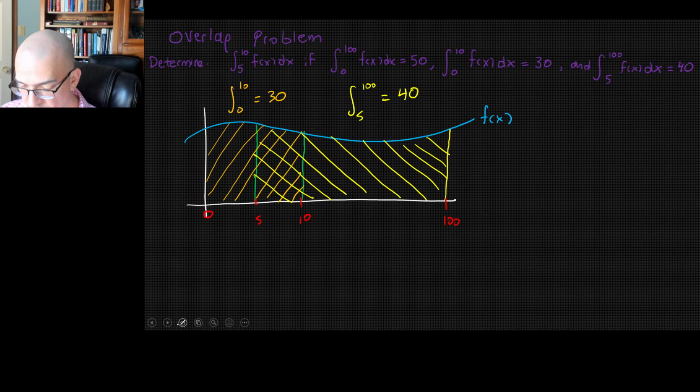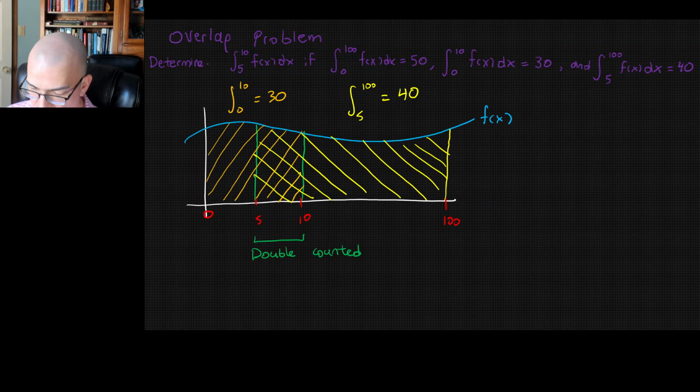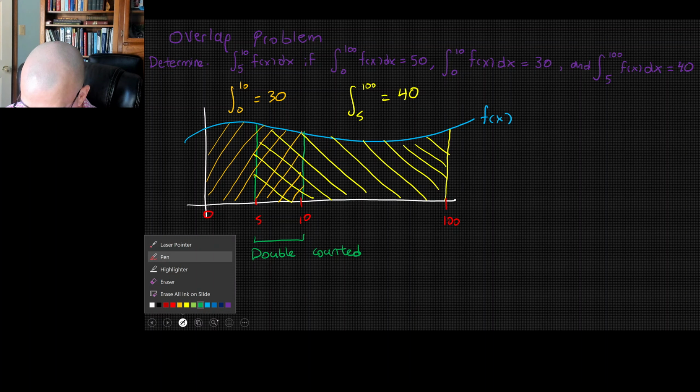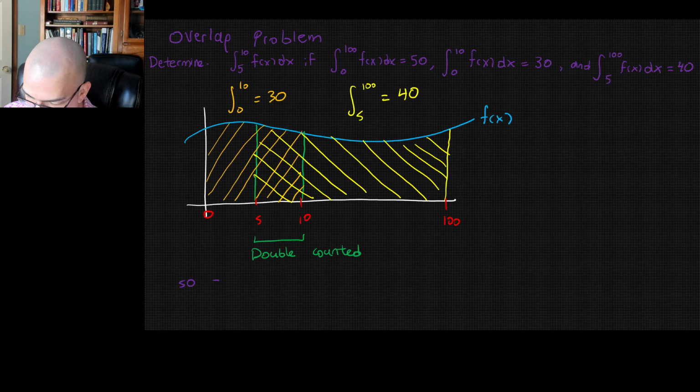So the region between 5 and 10 is what we're double counting. So I can say that the whole thing is equal to 50. So 50 is equal to 30 plus 40 minus the double counted. I have to subtract the double counted because it's being counted twice. I'll explain that a little bit more.